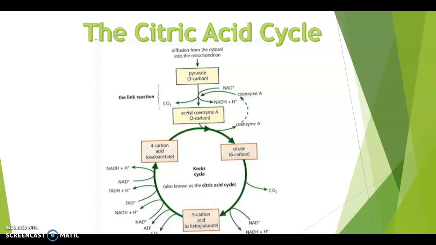Again, the carbon is removed, forming CO2. NAD+ is further reduced to NADH plus H+, and the final stage in the cycle has the C4 acceptor regenerated. This is a reduction of NAD+ to NADH plus H+. FAD, which is a coenzyme, is reduced to FADH2, and ADP is converted to ATP.